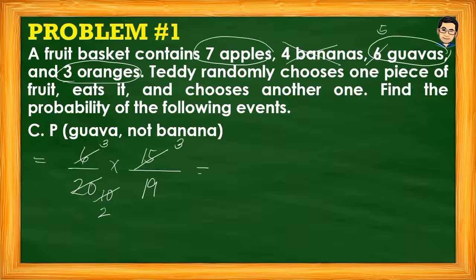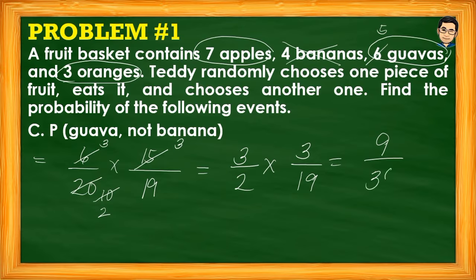So, let's multiply the remaining factors. So, 3 over 2 times 3 over 19. So, 3 times 3 is 9 over 2 times 19, 38. So, the probability is 9 over 38.